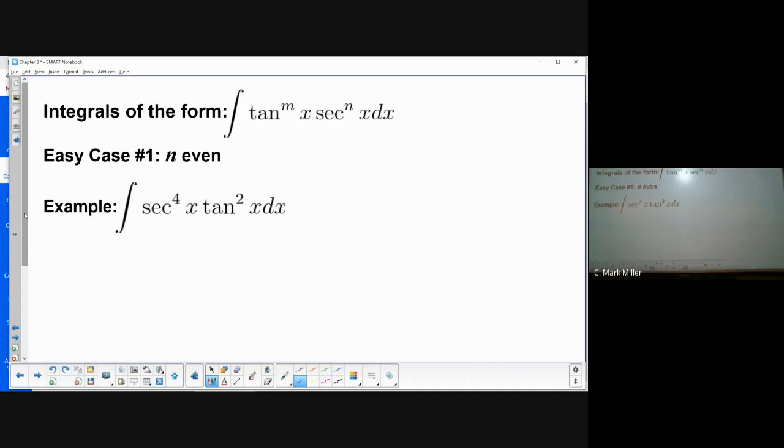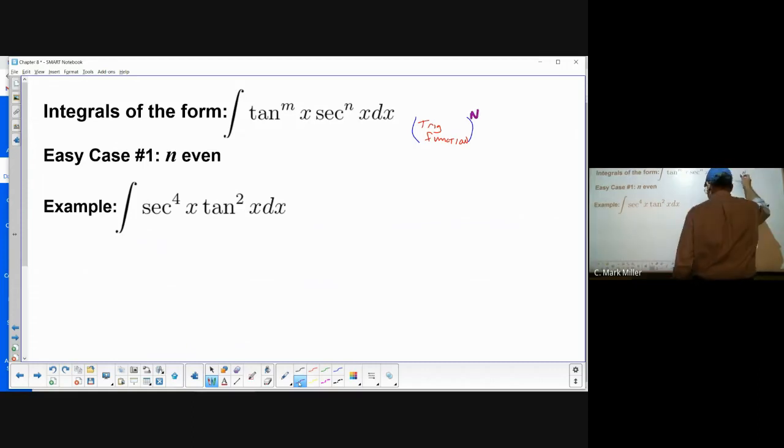All right. So what makes this case easy? Now we have to remember something. What are we looking for? We're going to look for a trig function to a power times a derivative. So this is the format that we would like: a trig function to some power, in whatever it is.